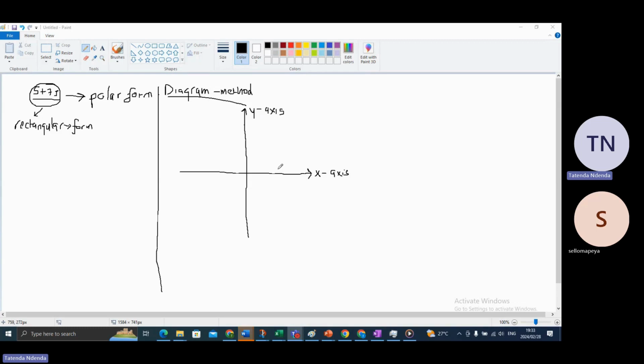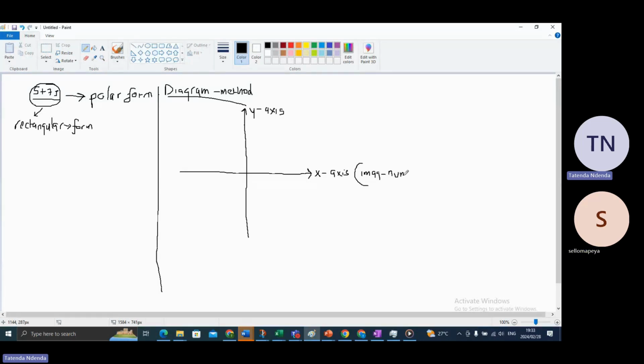Now we can recap that on the axis, the variables are our imaginary variables. So here we're having the imaginary numbers only.